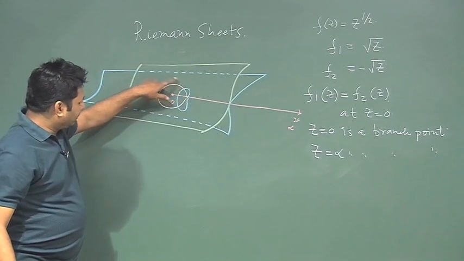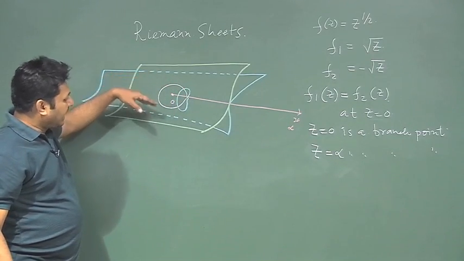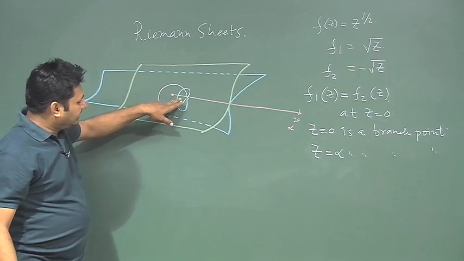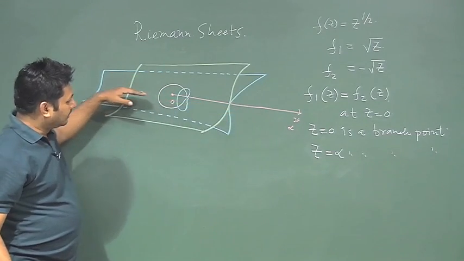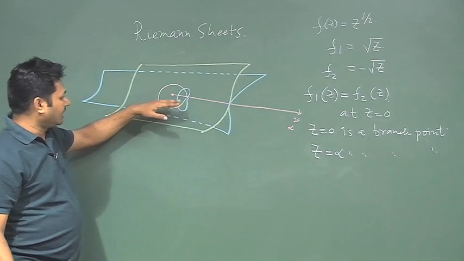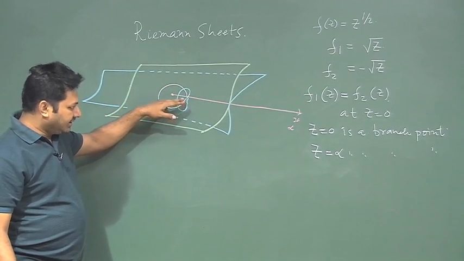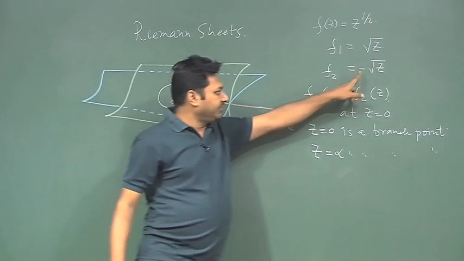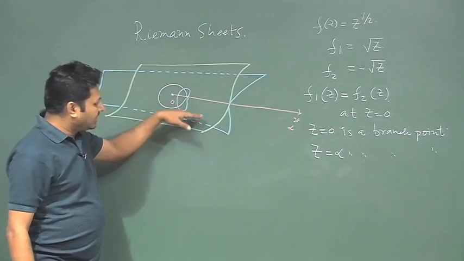So in the first rotation it will be in the first sheet, and when it crosses this line, this branch cut, as we call it, there is a discontinuity because we have a negative sign here, and it slides down to the next sheet.